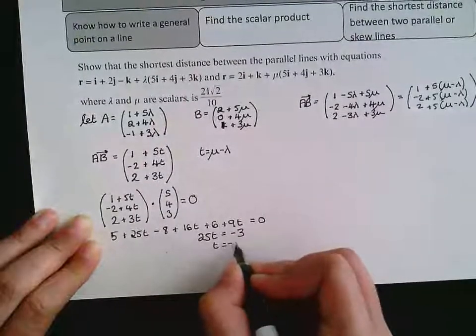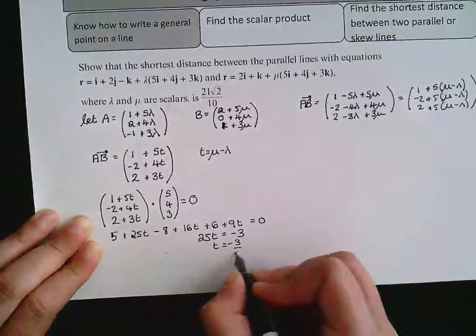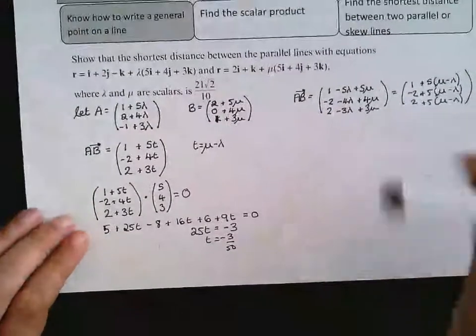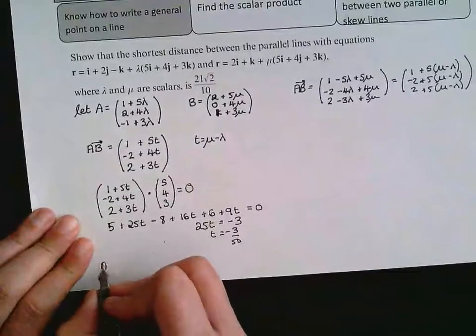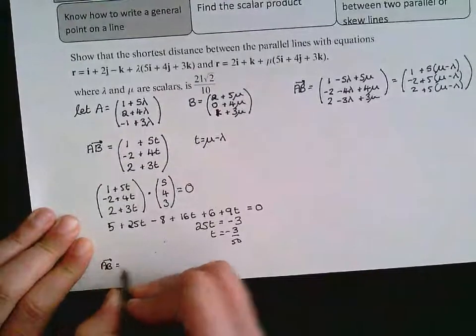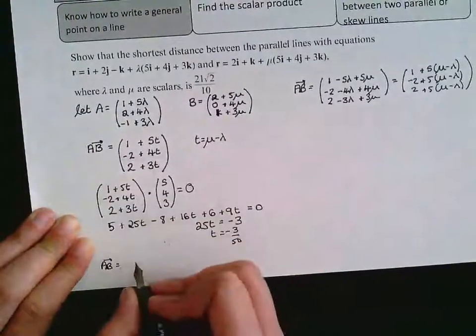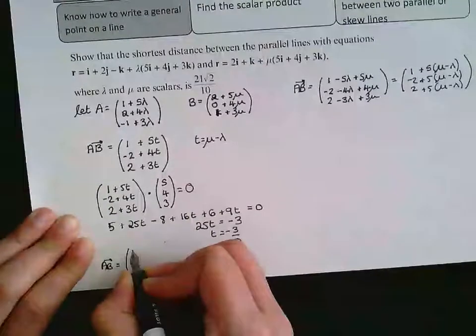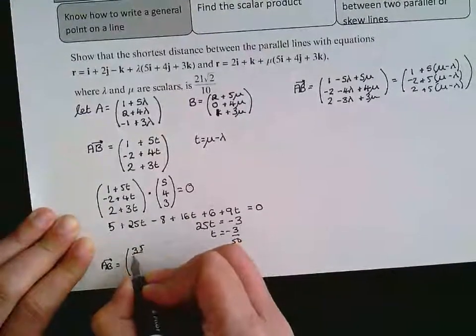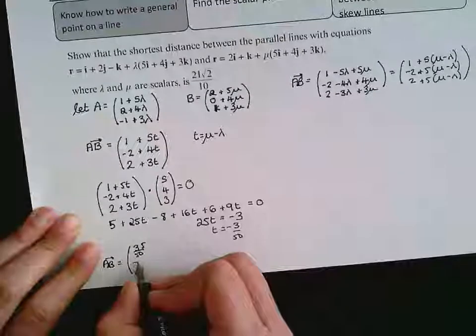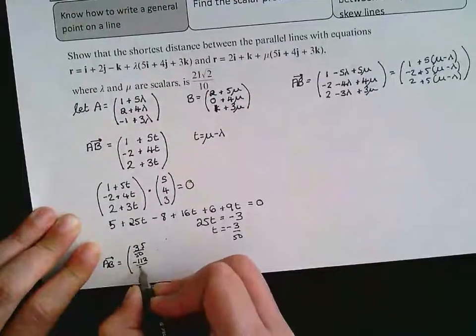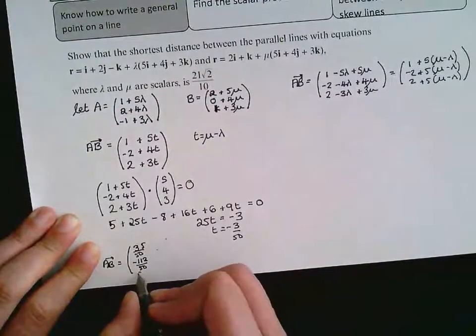So t is minus 3 over 50. That means when AB is the shortest, I will substitute this back into this equation, and it was shortest when this is the movement.